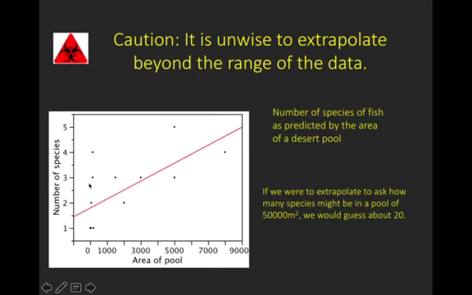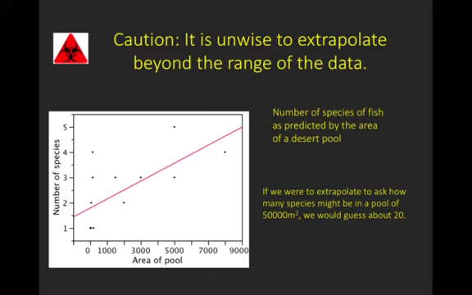But we've only collected data up to about 8,000 square meters and up to 5 fish species. If you were to extrapolate this out to 50,000 square meters, just kept pushing this line further and further, then if you got to a pool the size of 50,000 square meters, that line would predict the presence of 20 fish species in that pool.